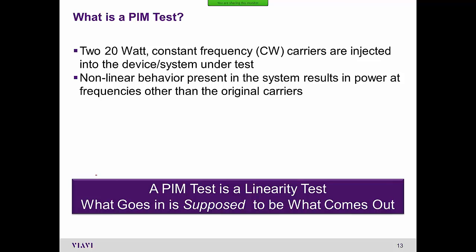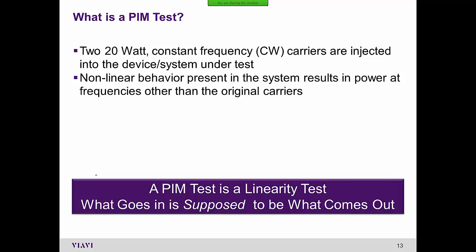And any nonlinear behavior in the system results in power at those other frequencies. You generate intermods, and power is then present in that intermod. And so a PIM tester simply is a power meter looking for power at that other intermod location, usually the lower intermod location. So it injects the tones, then looks for the intermod that would appear if there's a nonlinear response in the system.